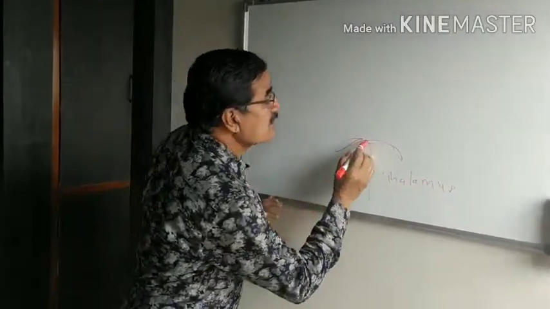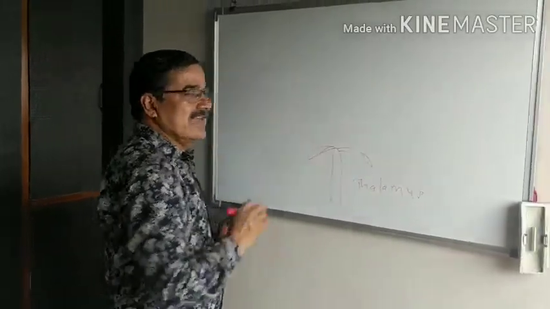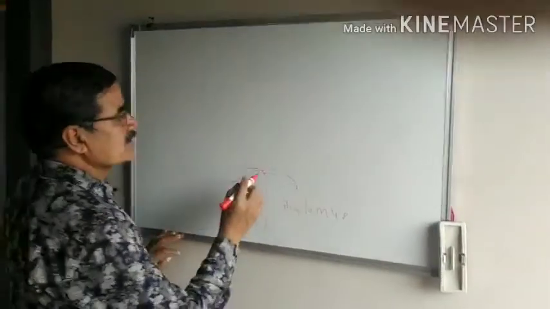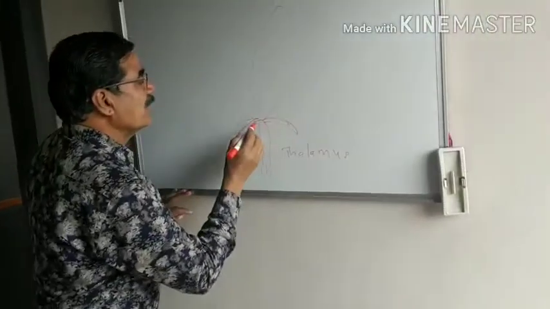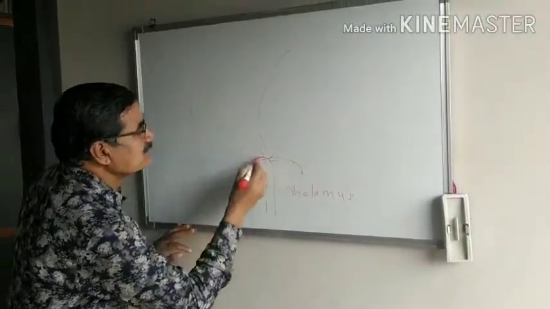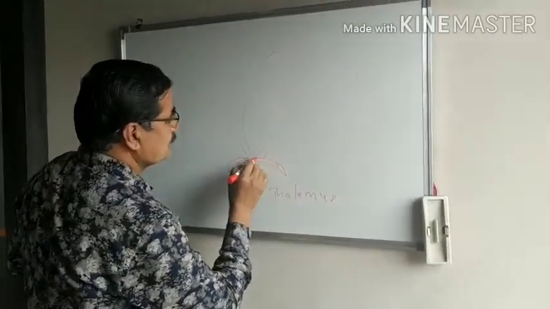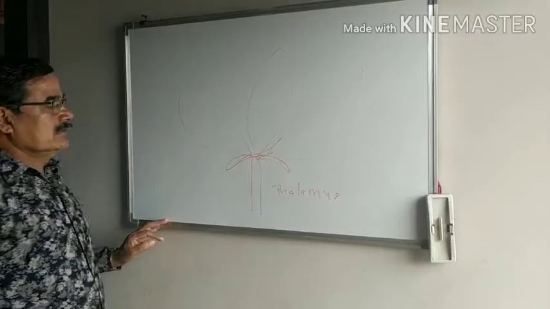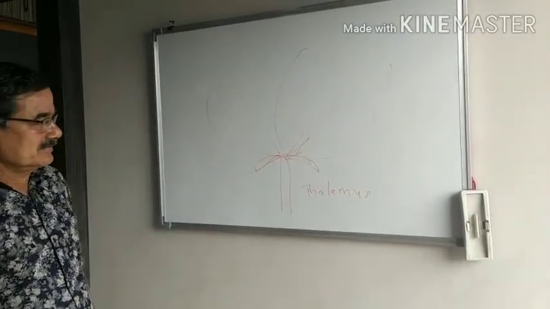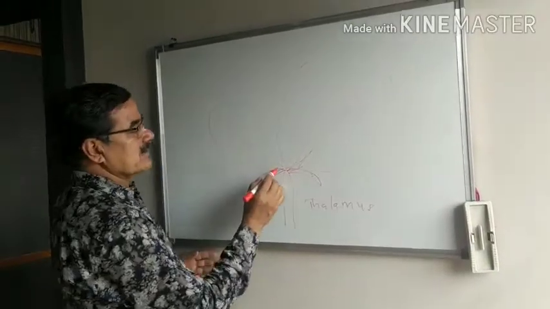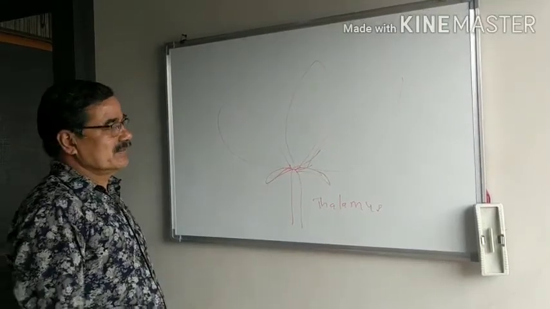Then the second whorl, inner to this calyx, the corolla is situated. The corolla is always bright, shining structures. It is situated in the second cycle. The corolla is also an accessory whorl.